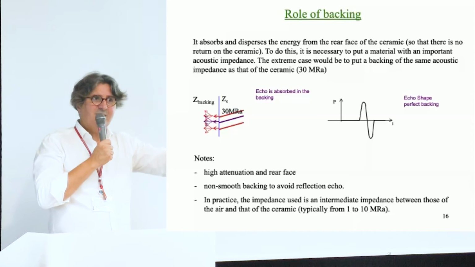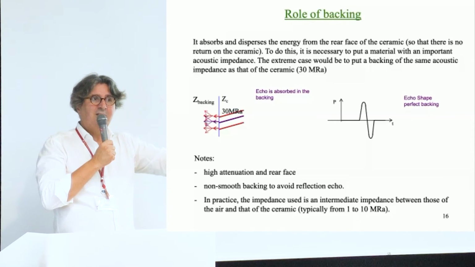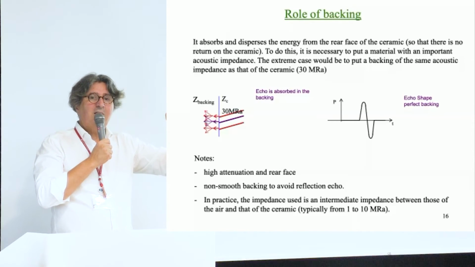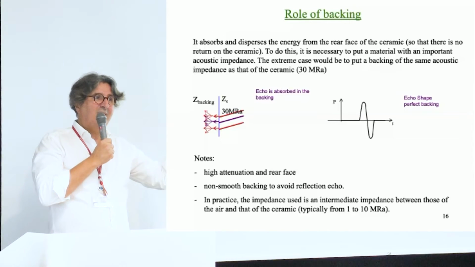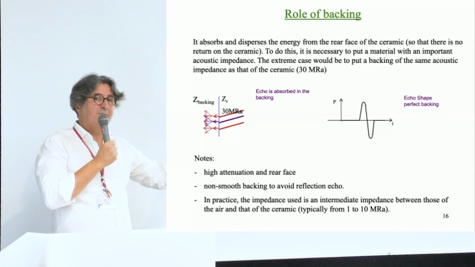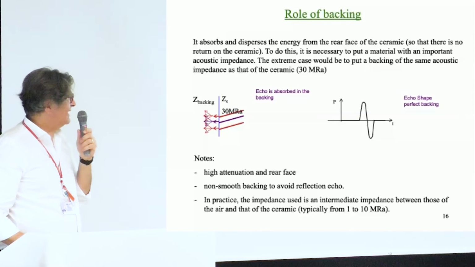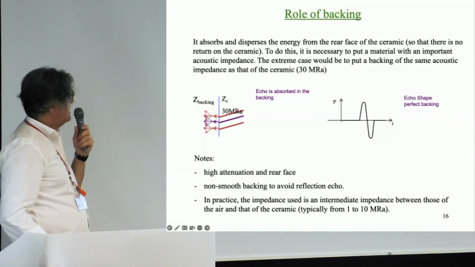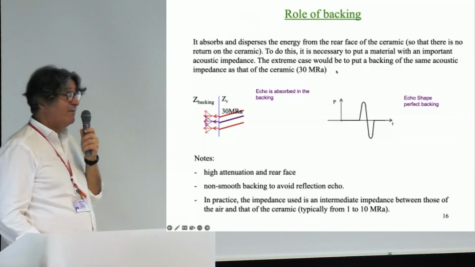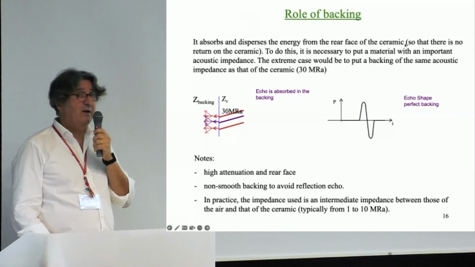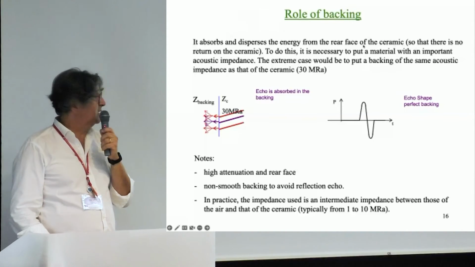But even by this simple analogy, you can say, okay, it is shorter, but it is also lower. Because we all know that if you put your hand on the cymbal, then the sound will be lower. And here again, the sound will be lower. So that's the role. The backing has two roles: damp the vibrations and absorb this vibration on the rear face of the ceramic.